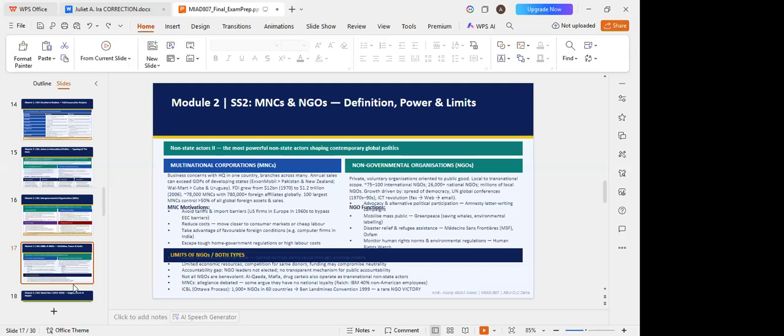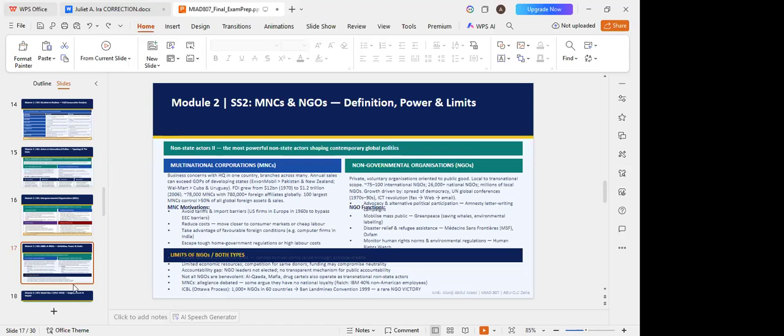Number two, they serve as human rights advocacy. Number three, they serve the purpose of environmental protection.